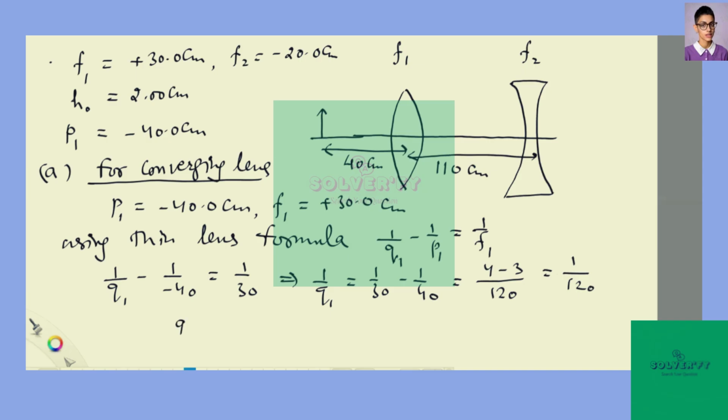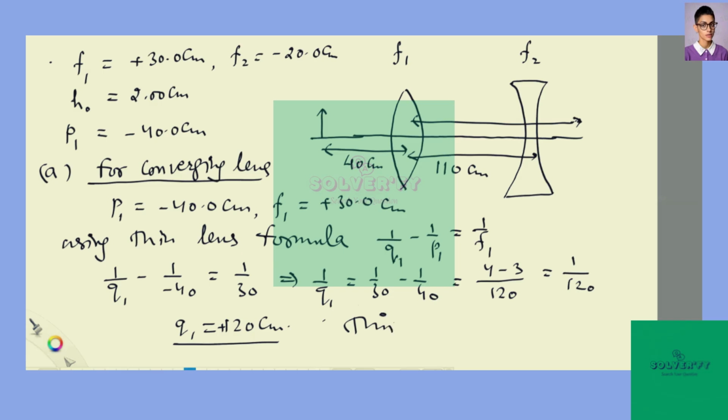So finally the distance of the image formed by this converging lens is 120 centimeter, positive, means somewhere here at this point. So this image formed by the converging lens will serve as the virtual object for the diverging lens.